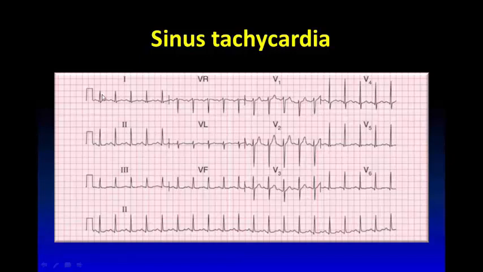The number of the large squares between two successive R waves is approximately 2.5, and this gives a heart rate of about 120 beats per minute.